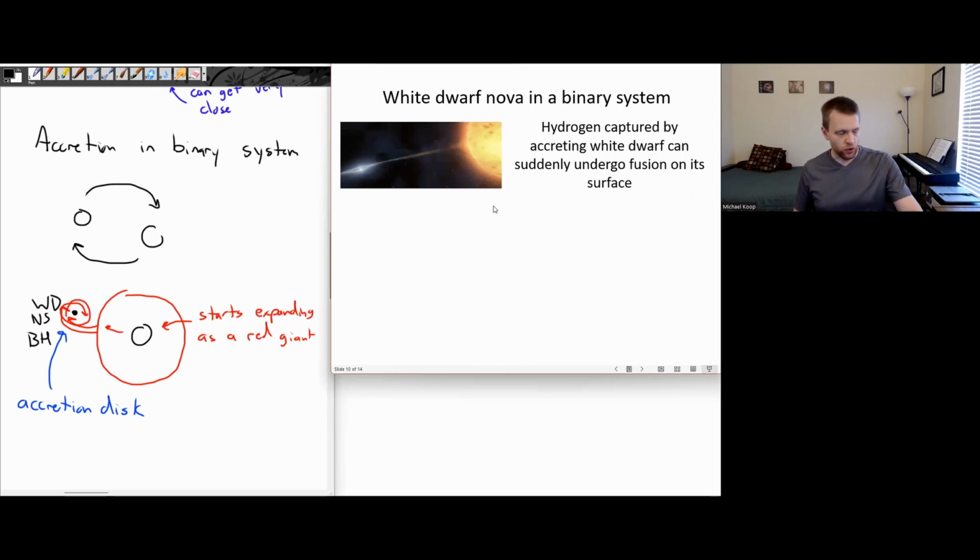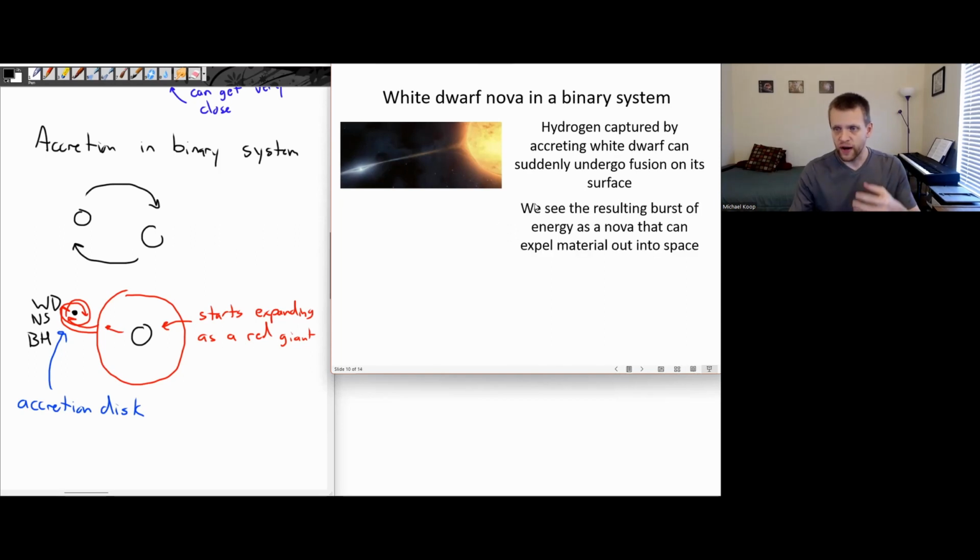So these white dwarfs, we said that they do not have a high enough temperature and density to undergo the fusion of carbon or oxygen or some of those heavier elements. However, if this thing is pulling in material from its nearby star, it's probably pulling in hydrogen. And these stars still have enough energy to start fusing hydrogen.